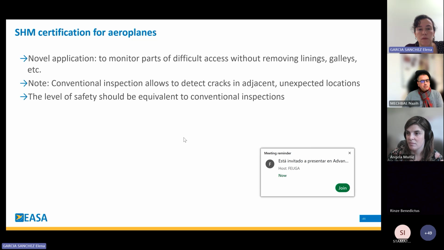But this also removes opportunities to detect damages, because sometimes damages are detected not with the planned inspection, but with some other zonal inspection of the area. So we have to keep a level of safety, like Oscar was saying, equivalent to conventional inspections, but overall taking into account all of the opportunities of detection.